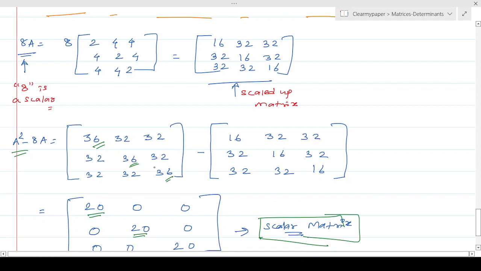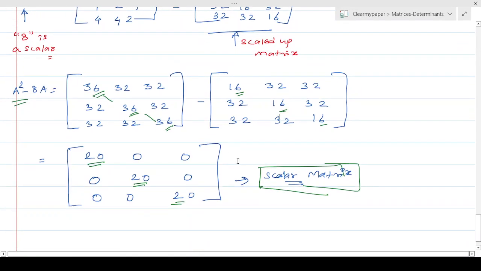As soon as you are missing one of these, you can check then and there that something is wrong. I need to get the same answers over here, and the same way over here, right? The diagonals are the same. So there is the hint that you're going on the right track. And when you subtract that, you are obviously going to get the right answer where the diagonals are the same and the non-diagonal elements are 0, and hence it is a scalar matrix, right?